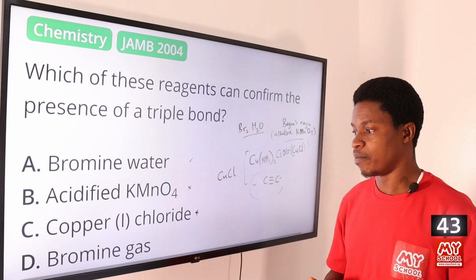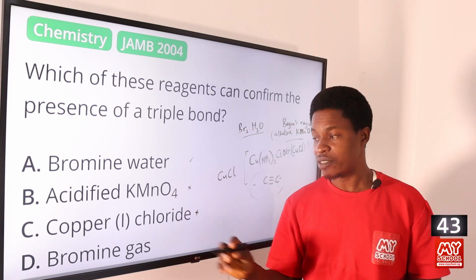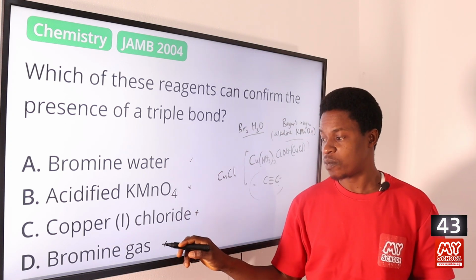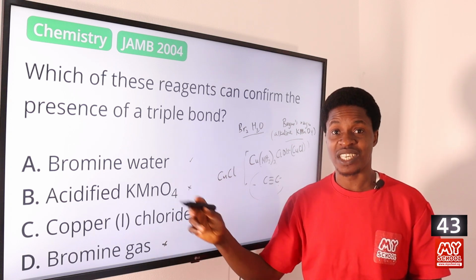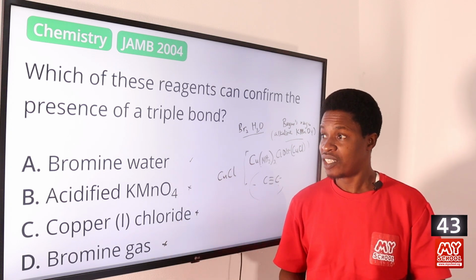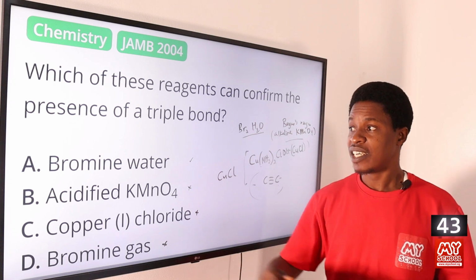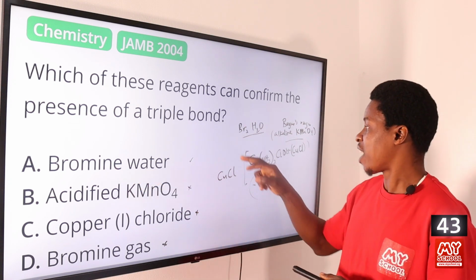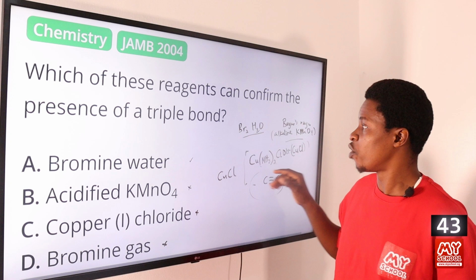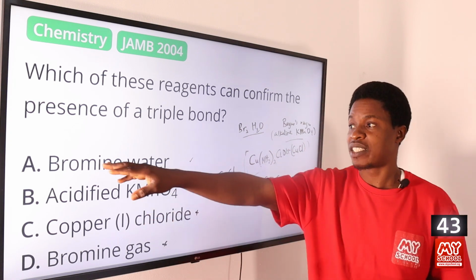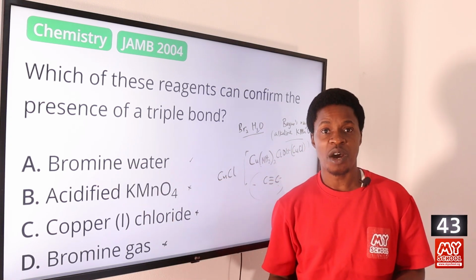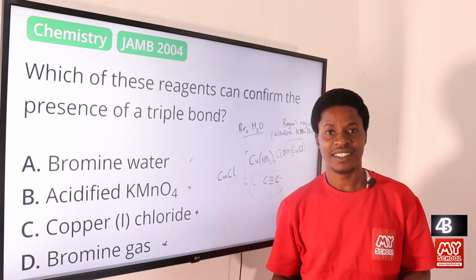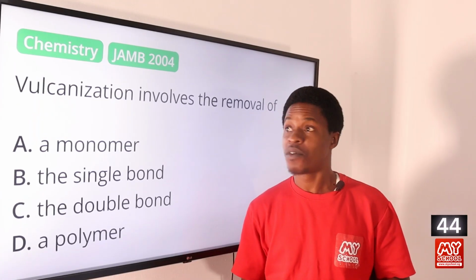Then option D says bromine gas. Bromine gas and bromine water are not the same. It was just put there intentionally to check if you actually know what is right. So the correct answer here is the use of bromine water. Of course, like I said, you can use any of these, but that's why we don't have all of them in the options. Option A is the correct answer. On to question number 44.